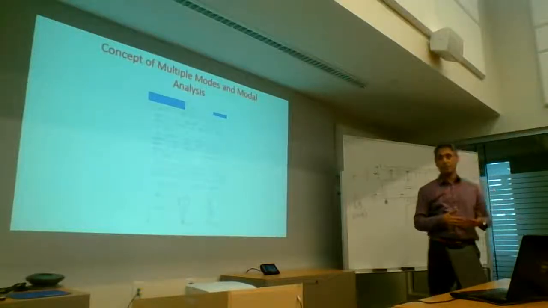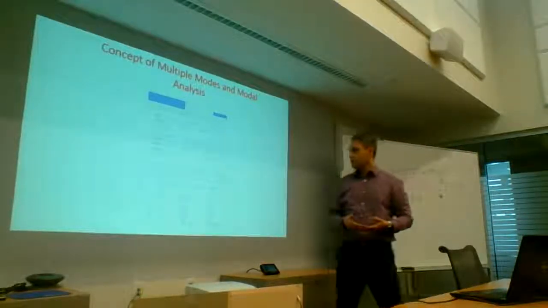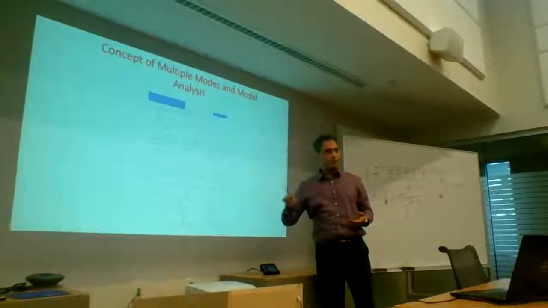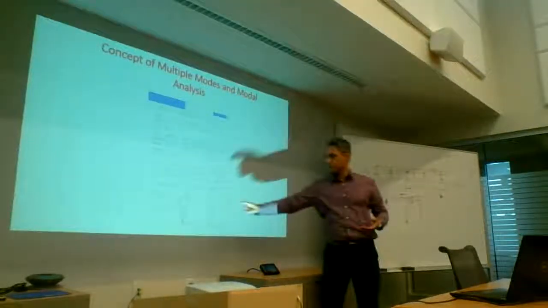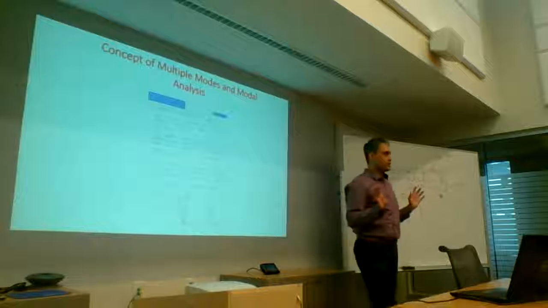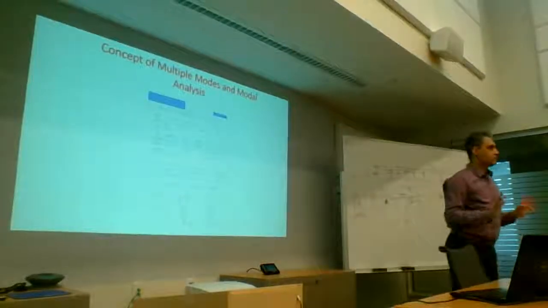And I say, I'm really glad that you picked on it, because the mode shape is nothing but a ratio of these numbers. That's it. It's not an actual displacement value.